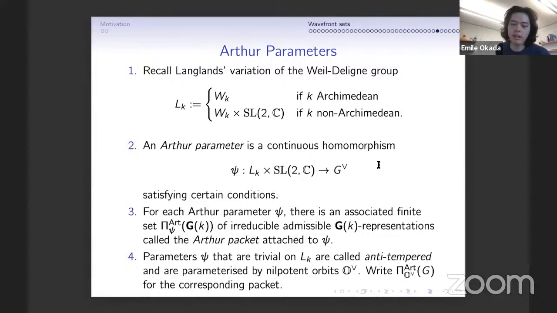These are the parameters which are trivial on the Weil group, and in a sense they're as far from tempered as possible. And then by the Jacobson-Morozov theorem, like I mentioned before, conjugacy classes of SL2 homomorphisms correspond to nilpotent orbits. So we attach pi check to the anti-tempered parameter corresponding to that nilpotent orbit.